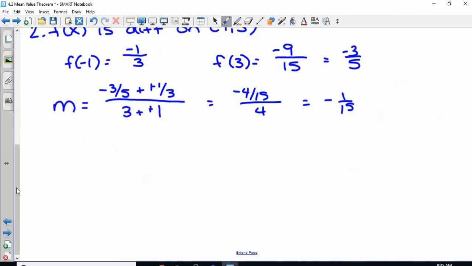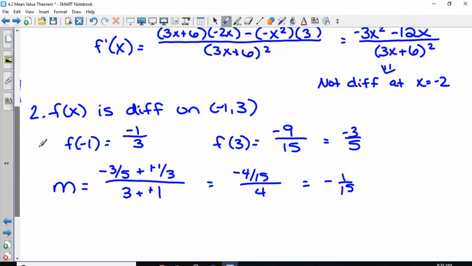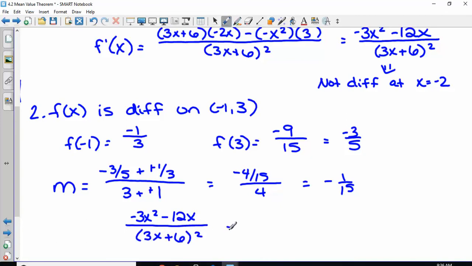The slope is negative 1 over 15. So we can take this derivative that we just calculated, set it equal to negative 1 over 15.